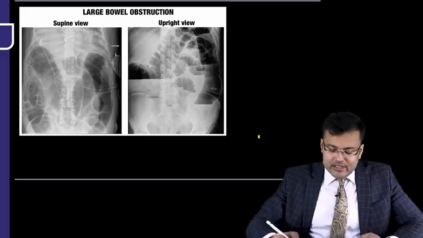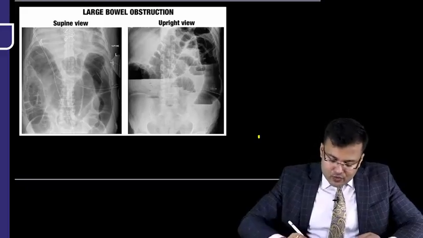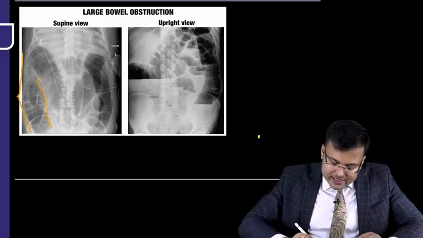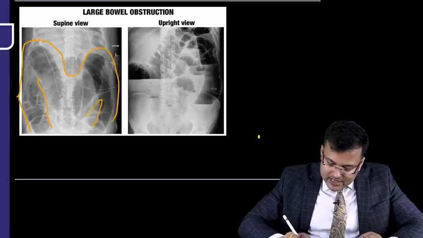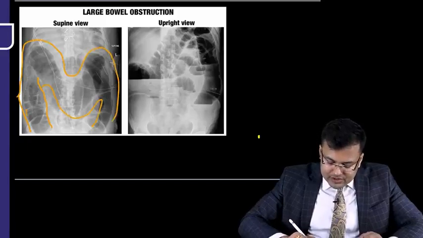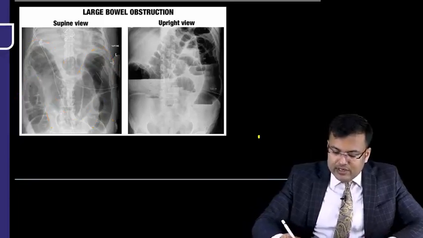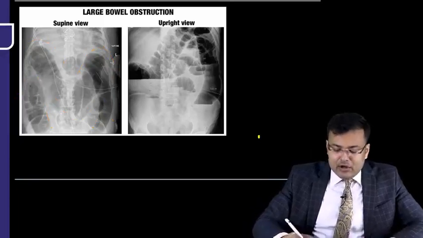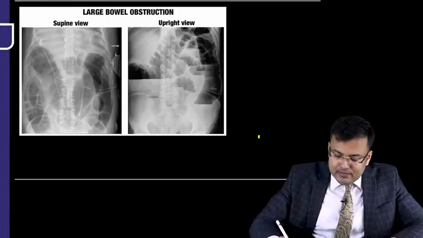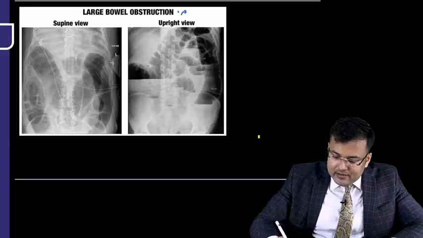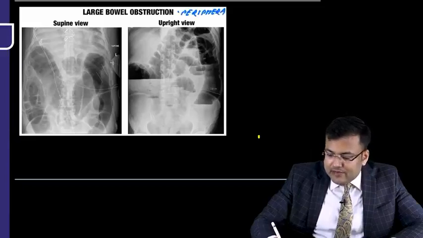In this image you can see the bowel loop which is wider in caliber, placed peripherally, and there is presence of haustrations. So how do we identify large bowel obstruction? First, it is placed peripherally.